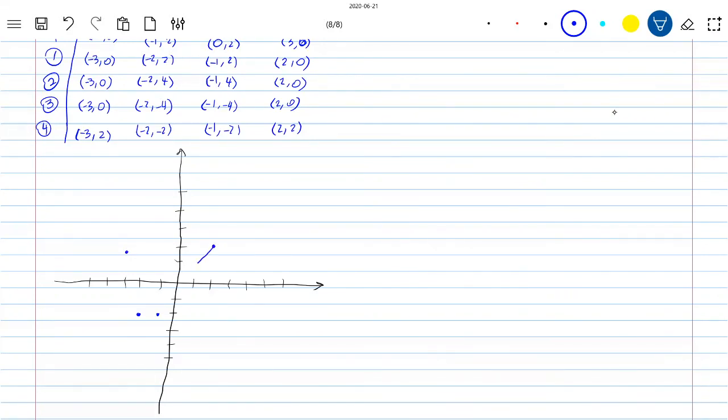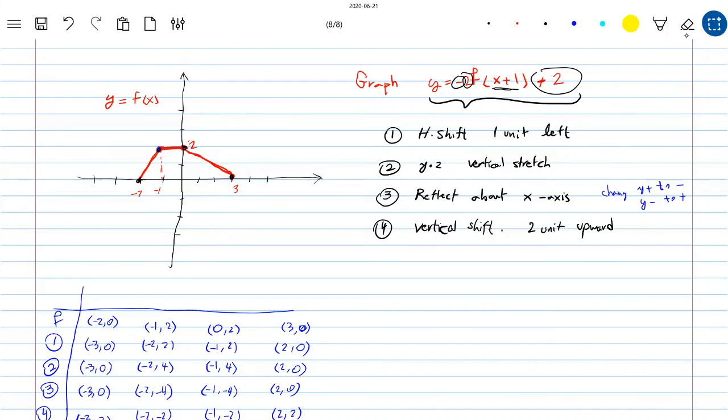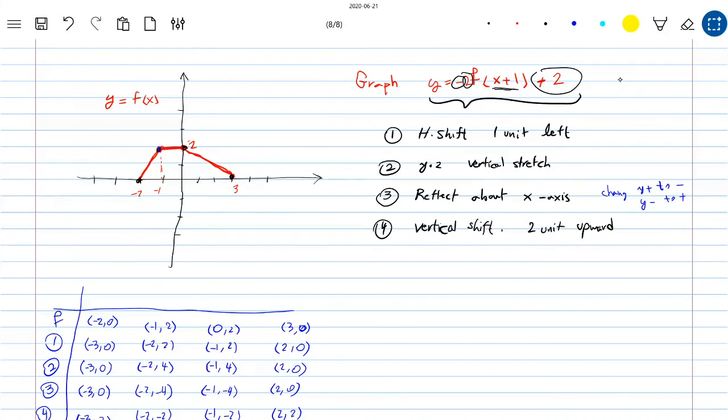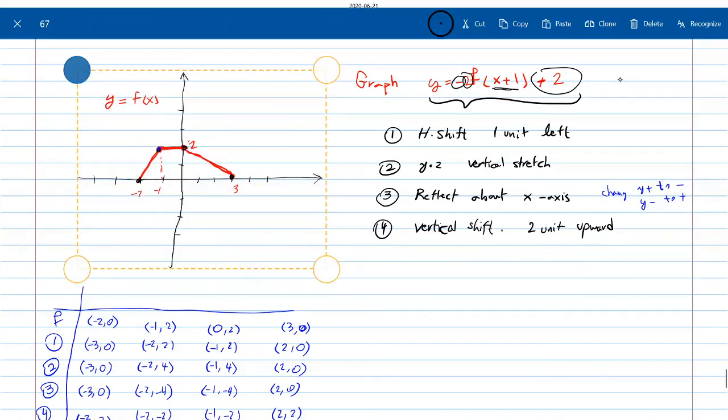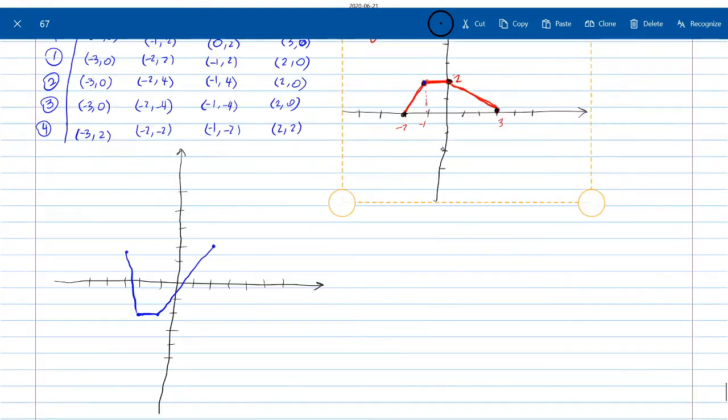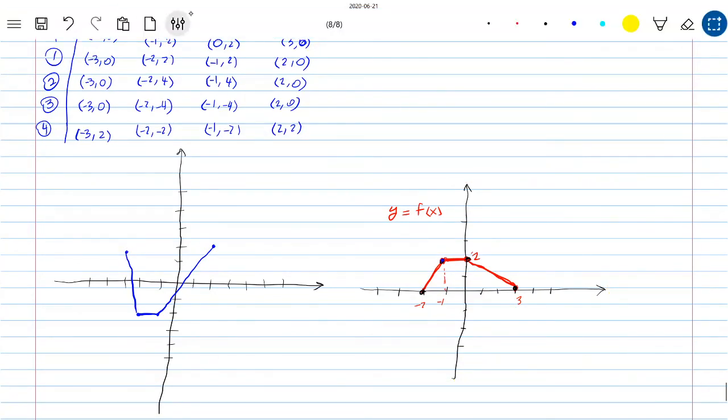Okay. And if you remember the shape of the graph, there is a straight line, then a horizontal line, then another straight line connecting these points. If you compare the two graphs, you've effectively created this process.